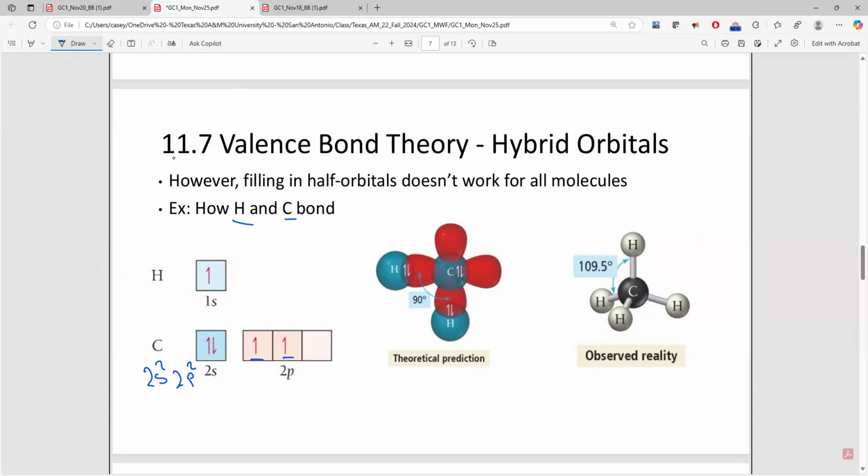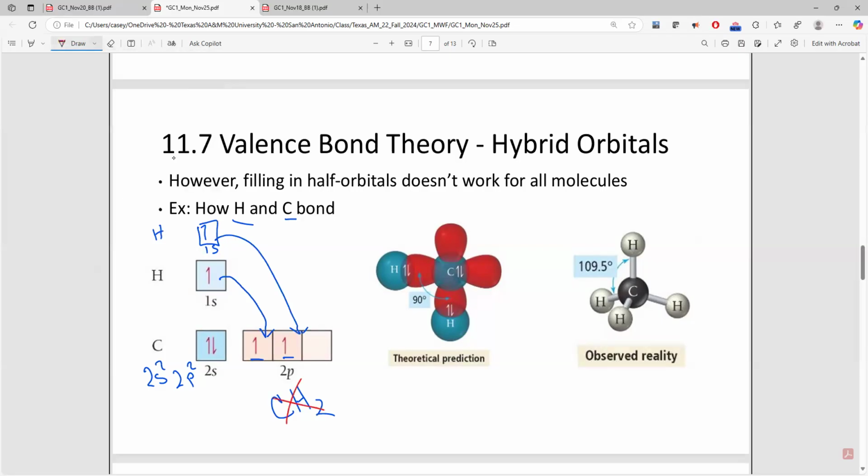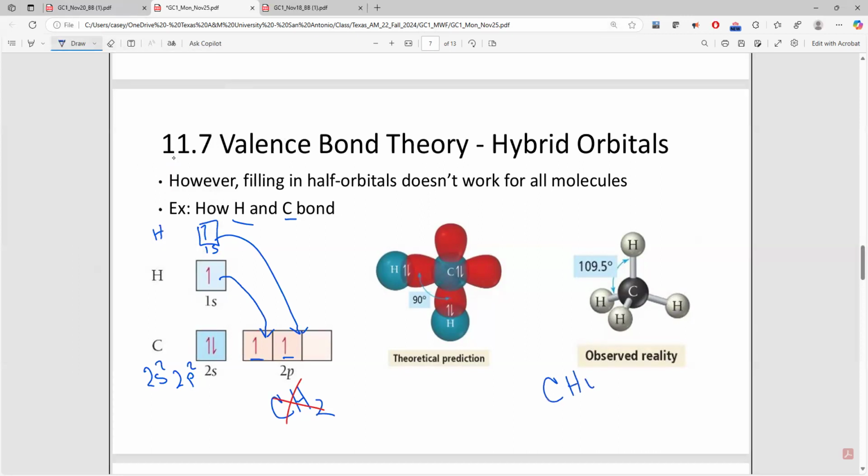Hydrogen has 1. So imagine I make another 1. So you might think the structure should be CH2, right? 1 electron goes in this orbital, 1 electron goes in that orbital. But that is wrong. That will not happen. What will happen is CH4, which is tetrahedral here.